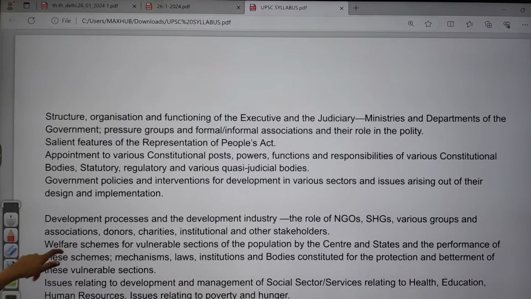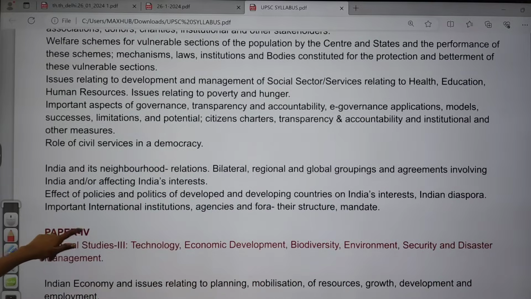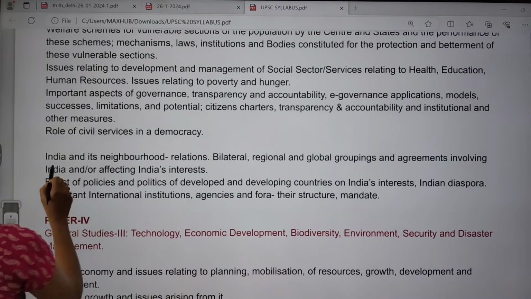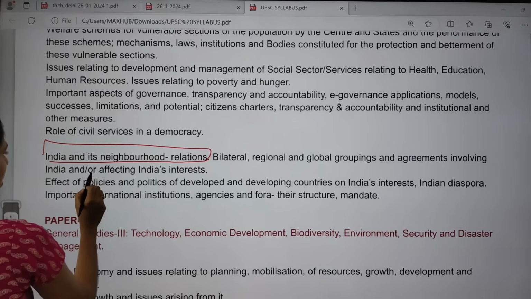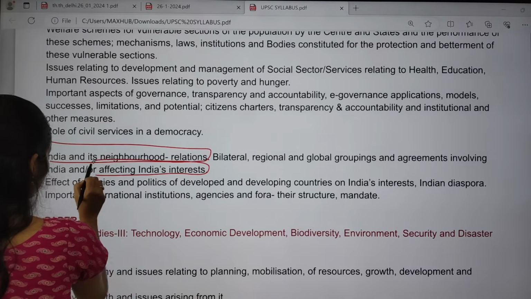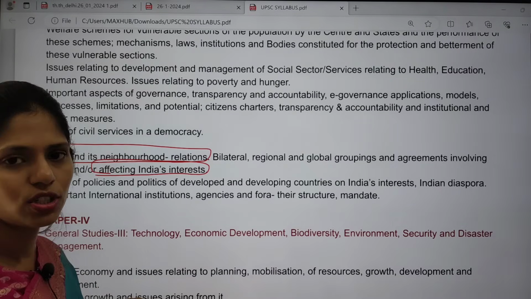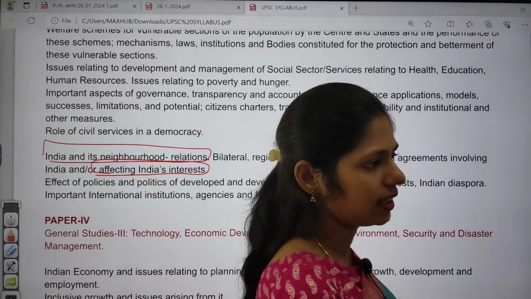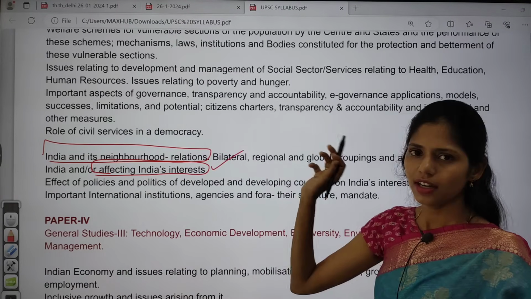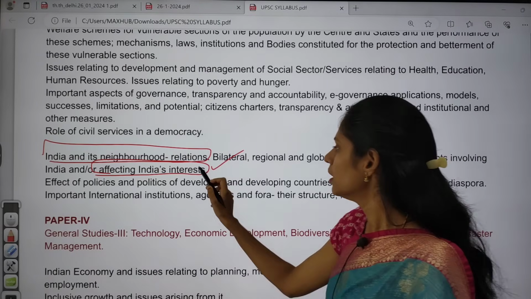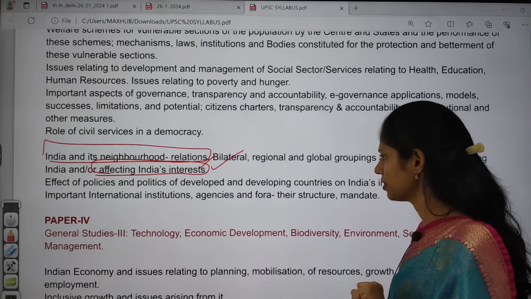Also in GS paper 2, you have the topic India and its neighborhood relations. Here we see how it is affecting India's interest. There are some countries which are enemies to India, like Pakistan. If Indian citizens have a relationship with Pakistan, then it has an effect on India's safety and security, which comes under India's interest.